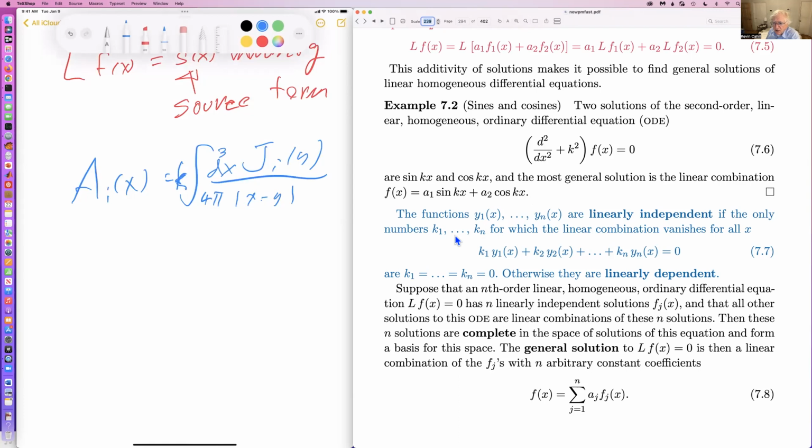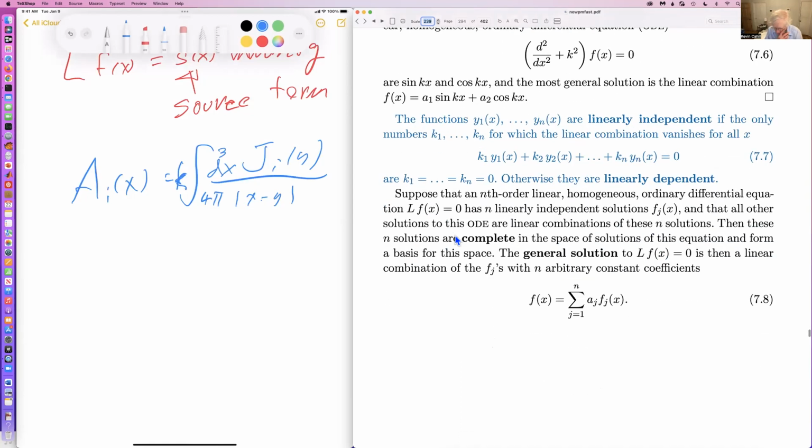Now, remember that in linear algebra, when we talked about vectors that are linearly independent, I said this was important. And the same thing is true for functions. Functions are linearly independent if the only numbers for which the linear combination vanishes for all x is that all the coefficients vanish.